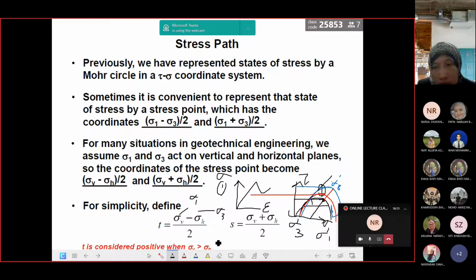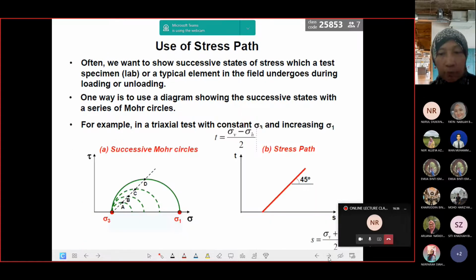And when you have a few samples, you get the tangent to all the Mohr circles, and you can get the failure envelope line, the Mohr circle failure envelope line. From the Mohr circle failure envelope line, that can give you the two parameters of the soil, which are C and phi. This is different, where we will present the failure point of the sample with a stress path.